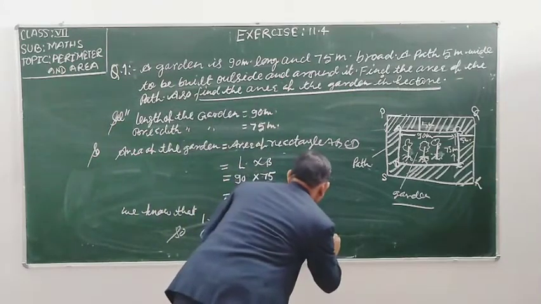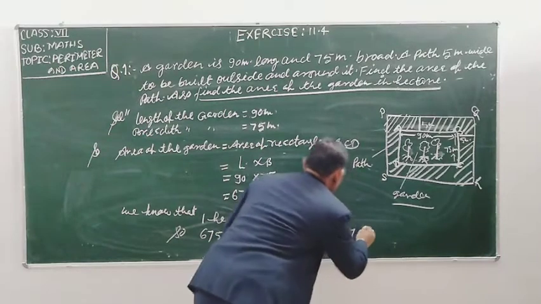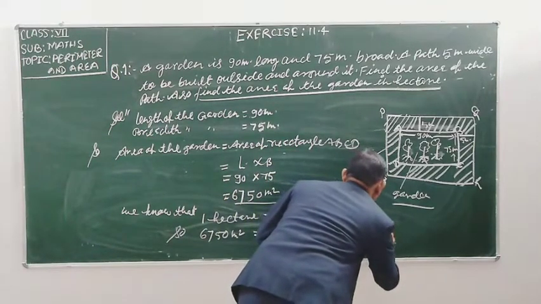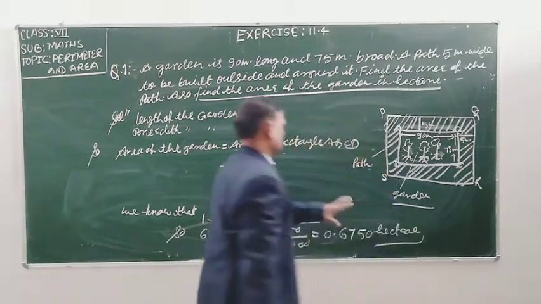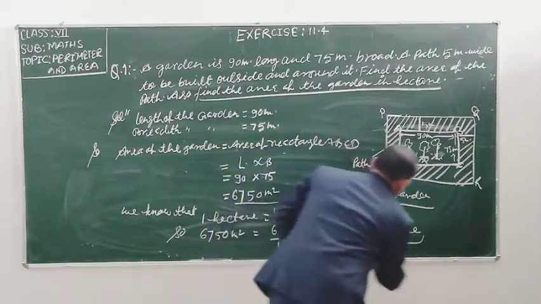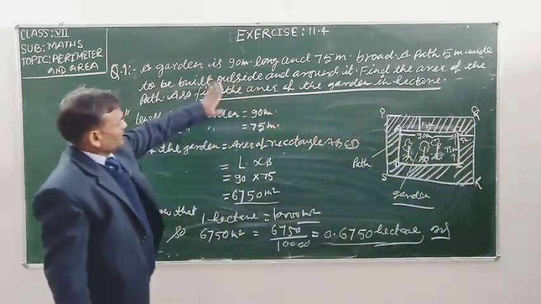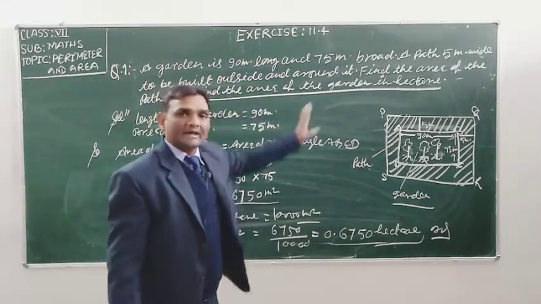This will be 0.6750 hectare. This is my first answer. One answer you have found, the area of the garden in hectare.